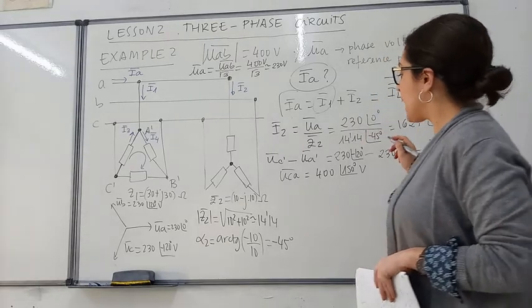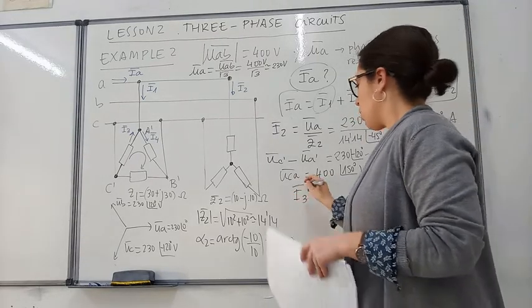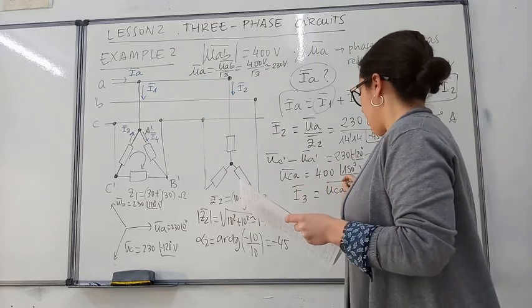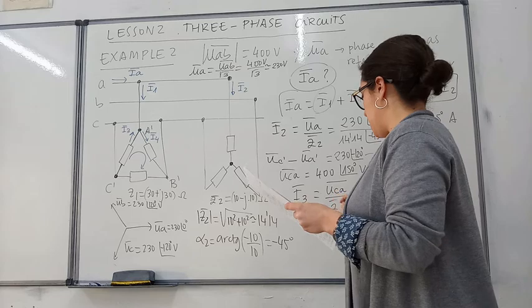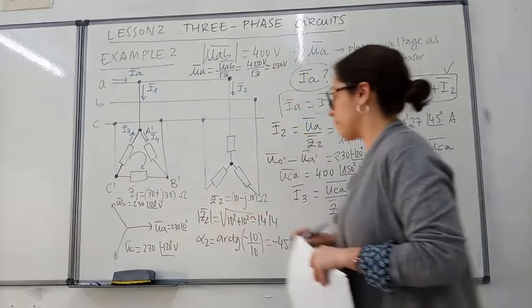So then we can get the value of current 3. Current 3 is going to be UCA divided by impedance, in this case called impedance 1.